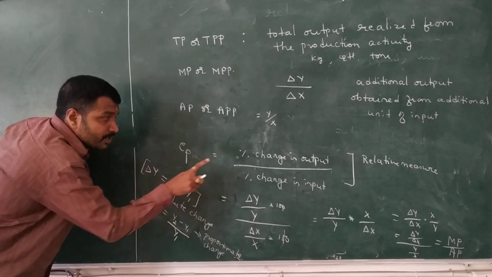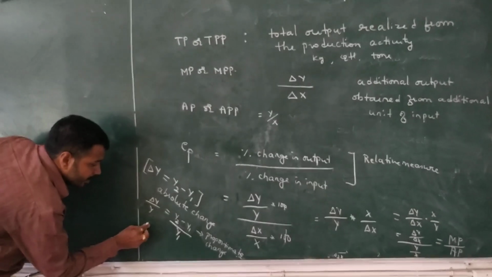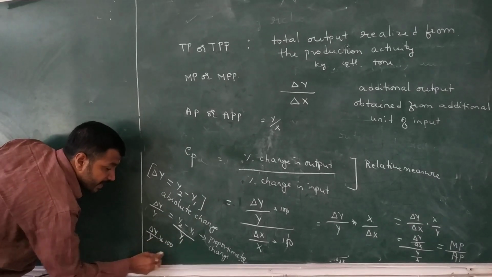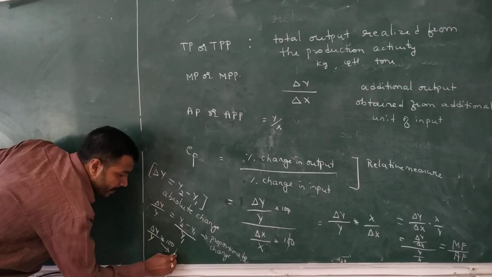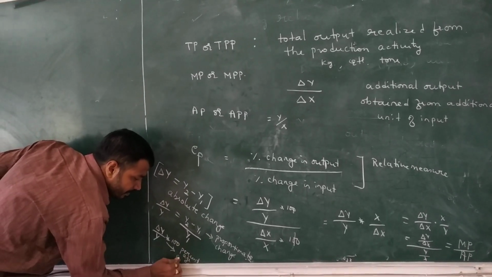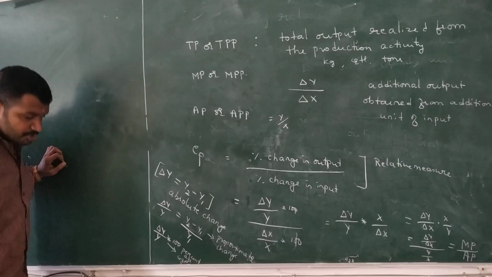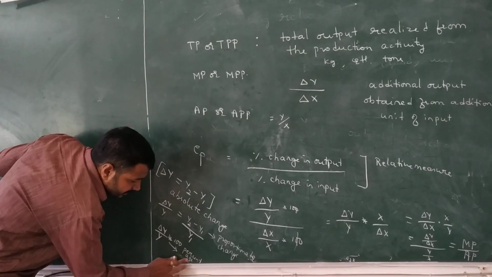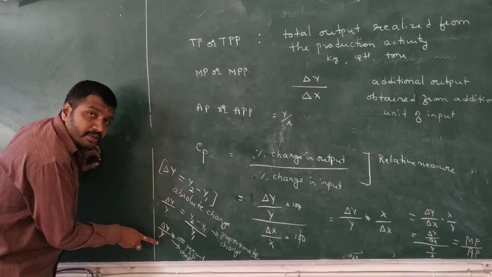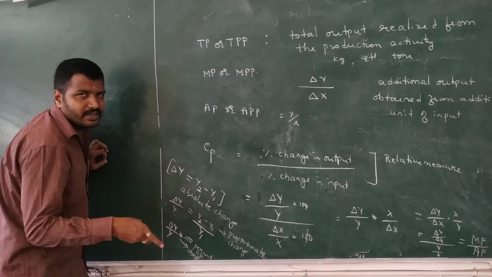So the last expression is percentage change. Now if I write delta y by y into 100, that is percentage change. Is it clear? Percentage change refers to the proportionate change expressed in percentage.